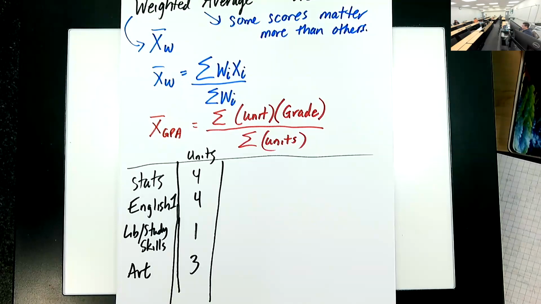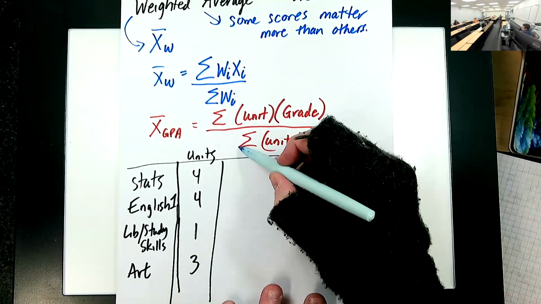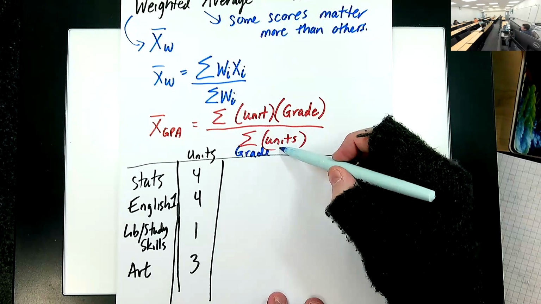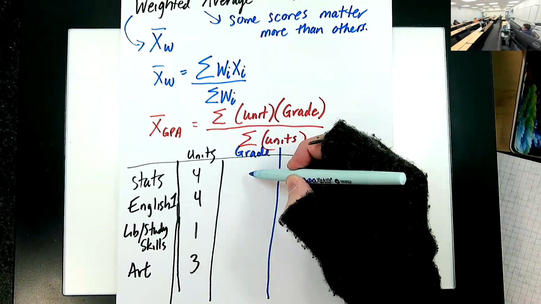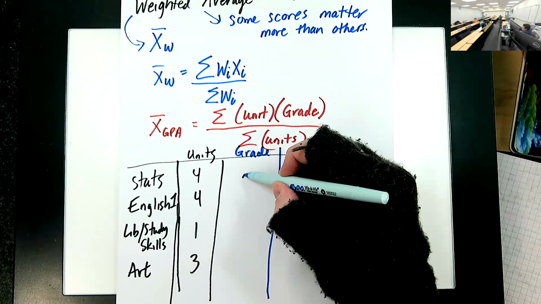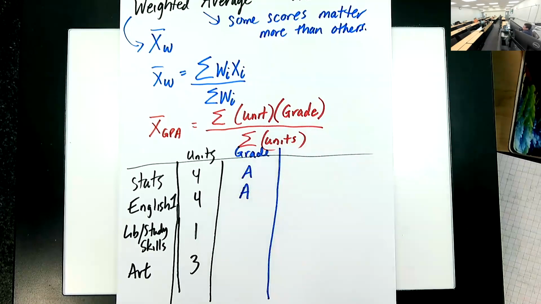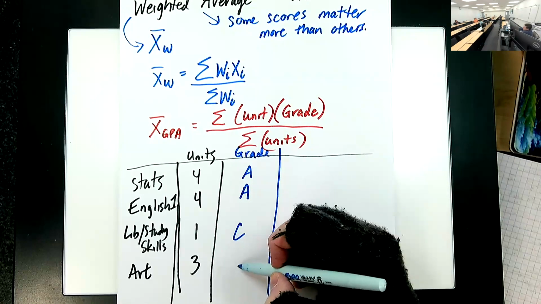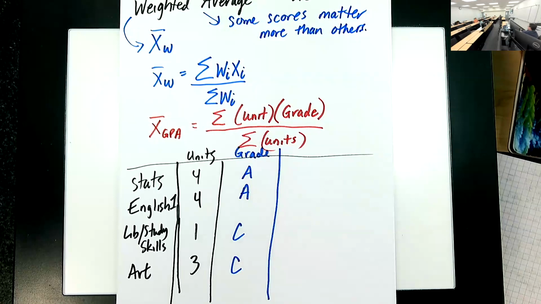And let's look at the outcome from doing it 2 different ways. Let's say you focus heavily on stats and English. These are important to you. You didn't really care about art, so you got a C in art.